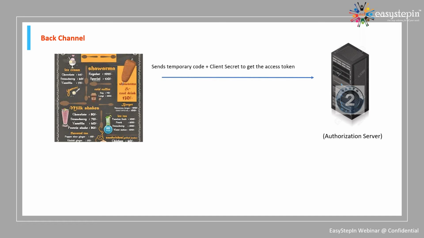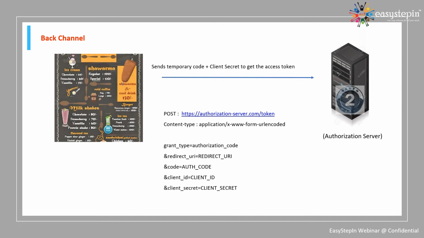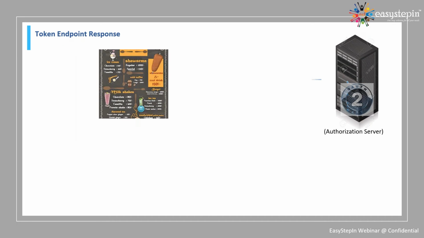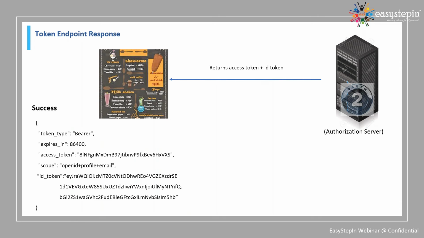The application then shares the temporary code along with the client secret to the authorization server to get the access token. You can see this information will be exchanged. This time the authorization server returns the access token and also an ID token. This ID token gives the information about the user.